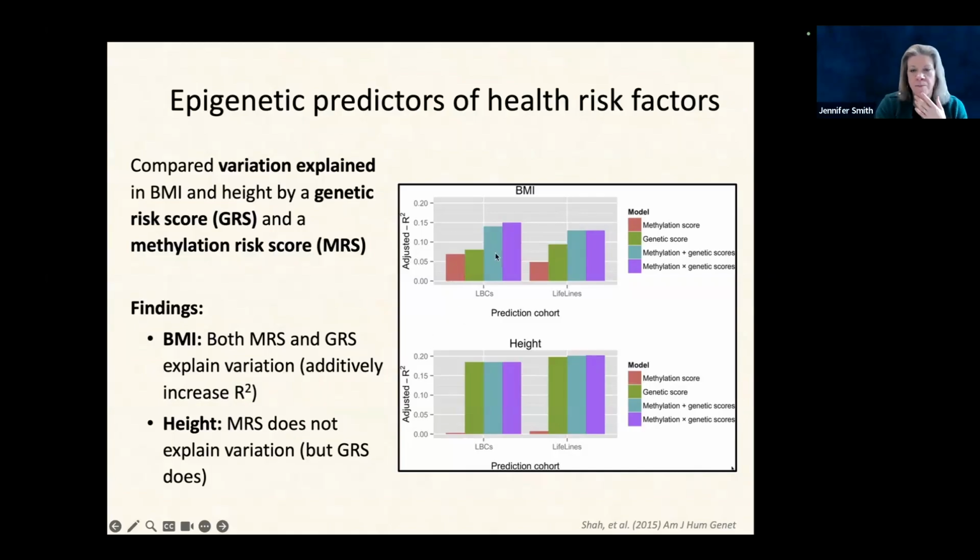So in BMI, you've got in red the methylation risk score, in green the genetic risk score, and in blue both of them together. And you can see they're kind of explaining different pieces, right? Because when you add them together, they explain more. But with height, the methylation risk score didn't explain almost anything compared to the genetics. So different for different traits.